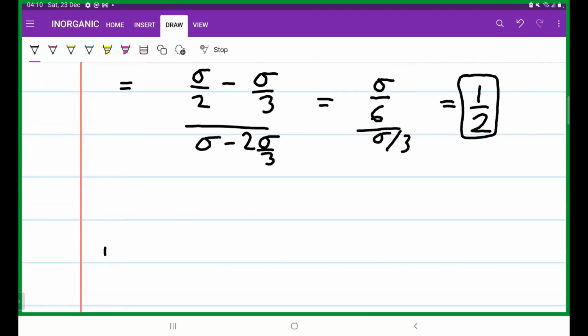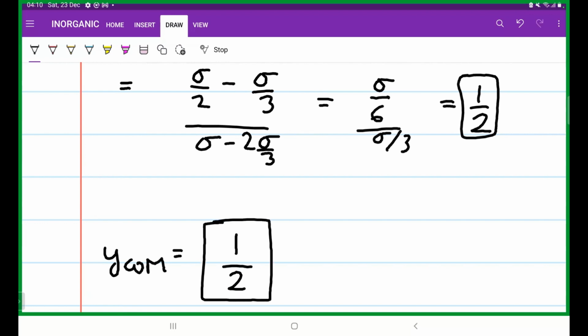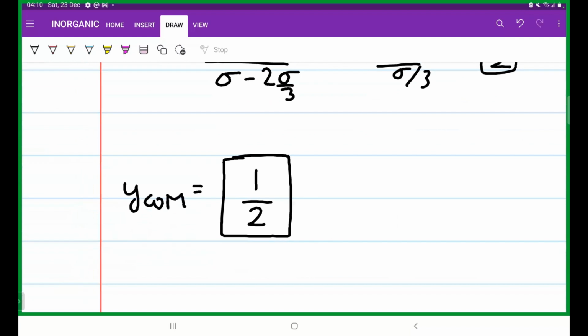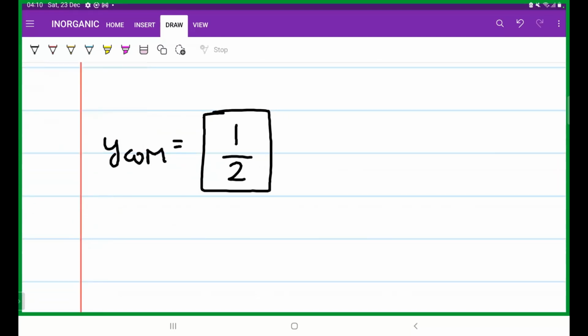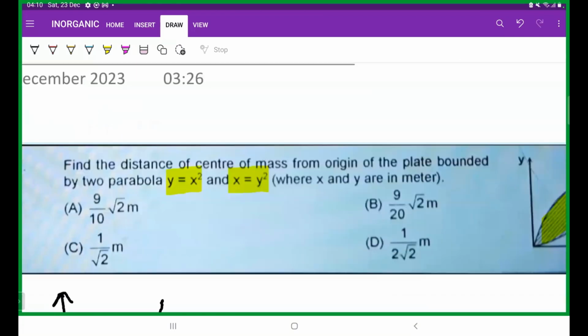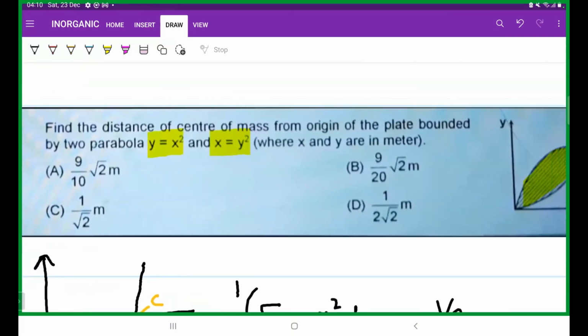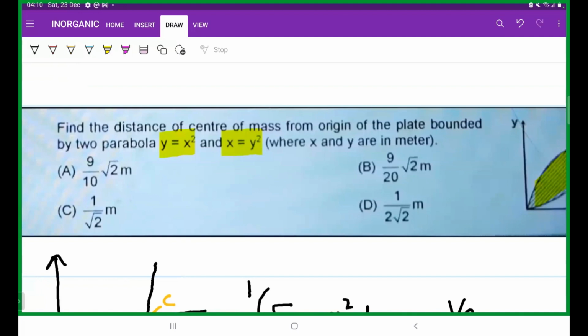And the y center of mass will also be half. I'm not calculating this; the calculation you can do on your own. So that is the y center of mass, half comma half. And therefore the question which has been asked is the distance of the center of mass from the origin.